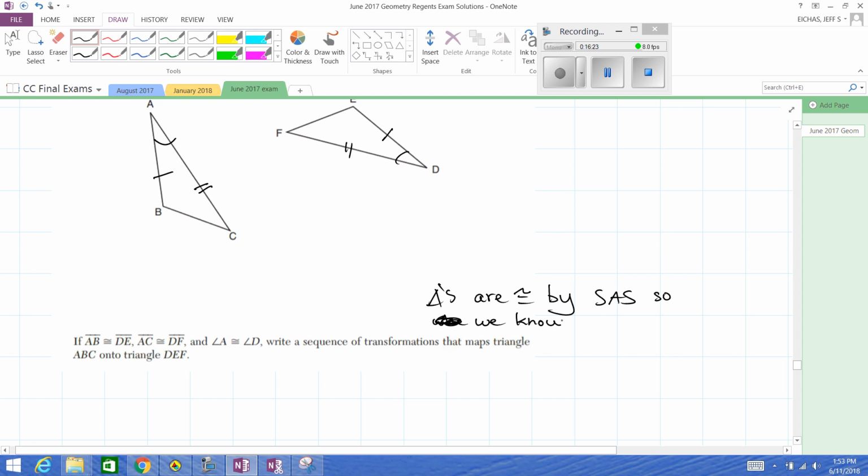So we know triangle ABC is congruent to triangle DEF.